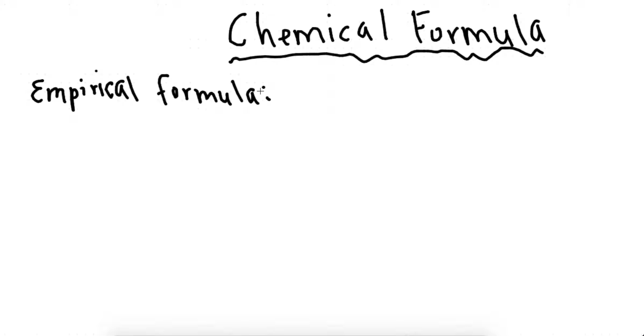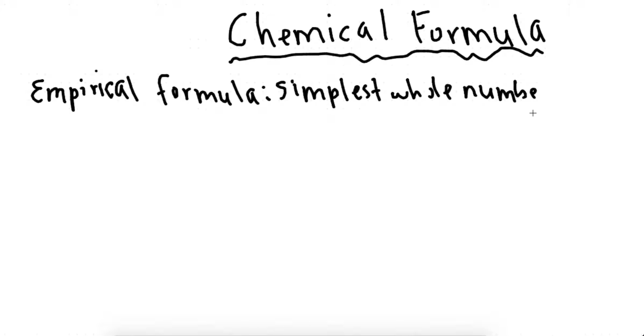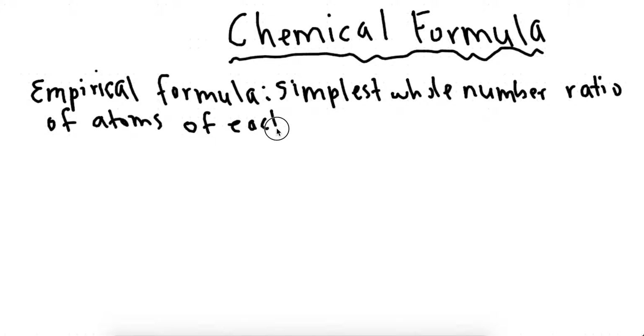So empirical formula is the simplest whole number ratio of atoms of each element, and because we normally have 2 to 3 elements, you'll see this in a bit, of each element present in the compound.